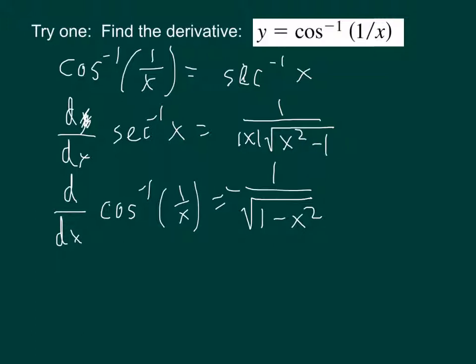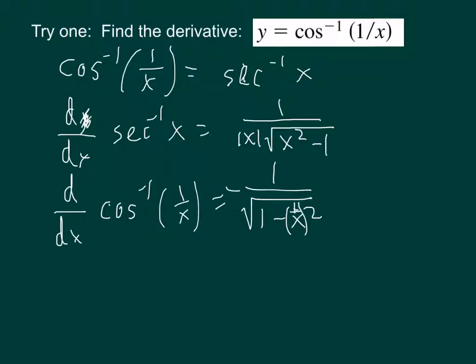Except it's not x squared, it's 1 over x squared inside. So that's the derivative of the outside, times the derivative of the inside.